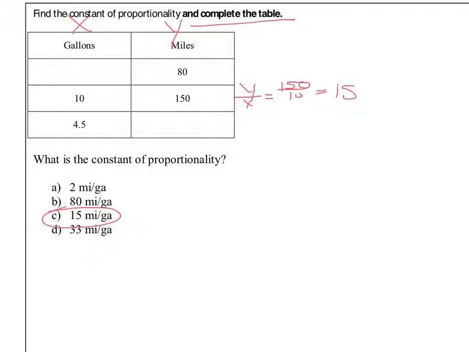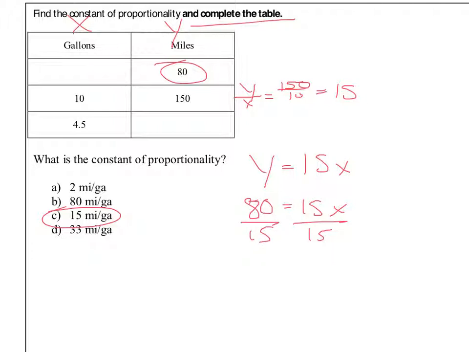So once I have the 15 miles per gallon, I can set up my equation. y is equal to 15x. Looking up here, I'm given a y value of 80, so I can plug that into my equation. Go ahead and divide by 15. This is not going to come out to be a whole number, because I know 75 would be a whole number. 75 would be 5 times, so I'm actually going to get 80 over 15.